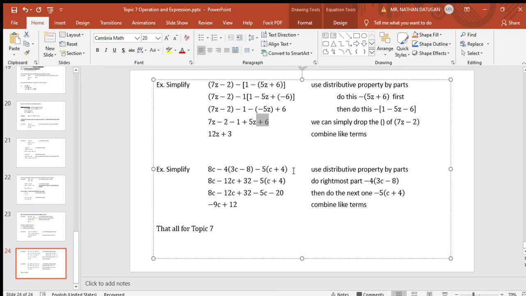Now again, what we're going to do is the distributive property. Again, if you don't know which one, you do it part by part. In this case, there's no inner parentheses, so we basically start from left to right. So let's do our first parentheses.